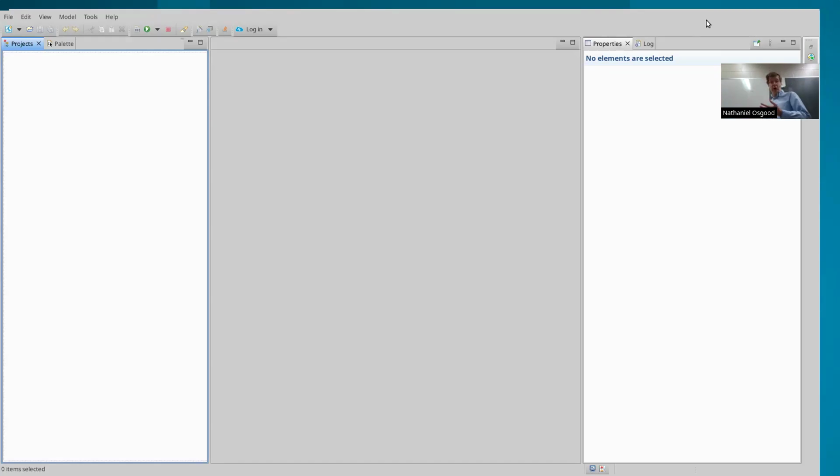Probably less so your generation, but just be aware that we are in an Eclipse environment, and the general rules for interacting with the windows and so on, minimizing them, full screening them, zooming out from full screen back to no longer being in full screen, etc., are those inherited from Eclipse.